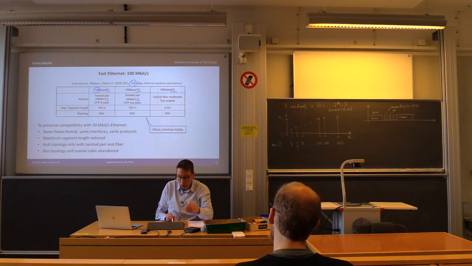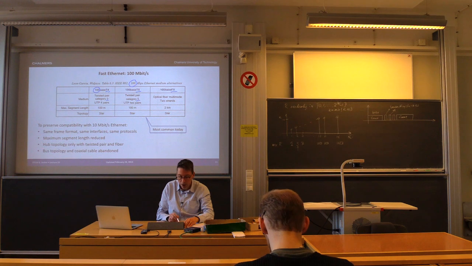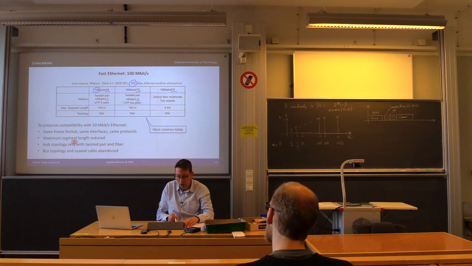Now, to preserve compatibility with the 10 megabit Ethernet, we use the same frame format with the same interface, the same protocols. So nothing has changed there. However, we have reduced the segment length here. Why is that, do you think? So the segment length is the length of the medium.